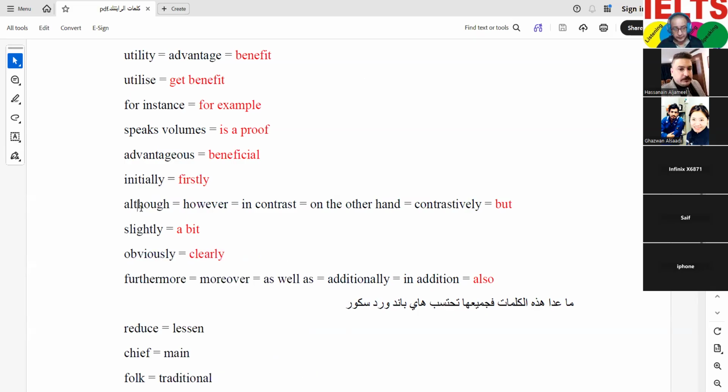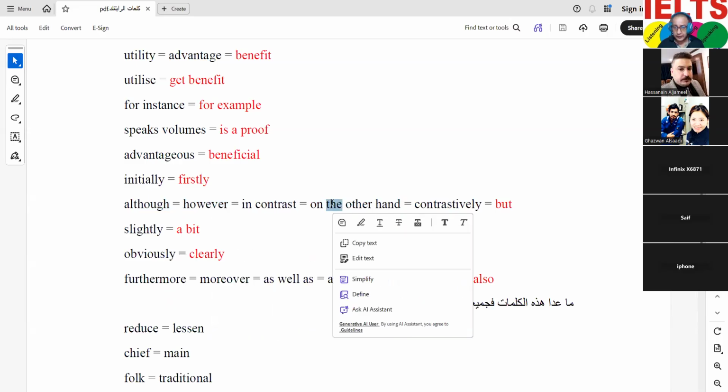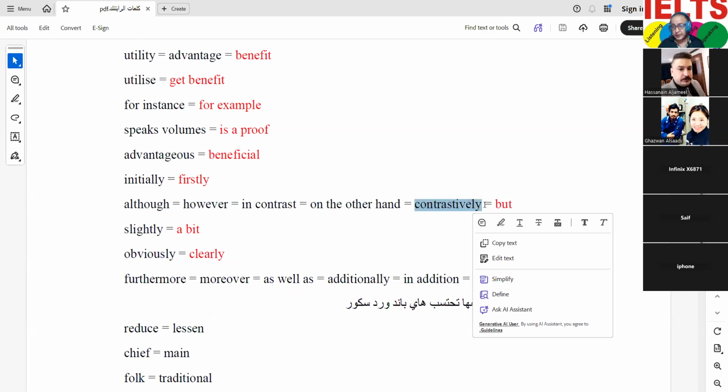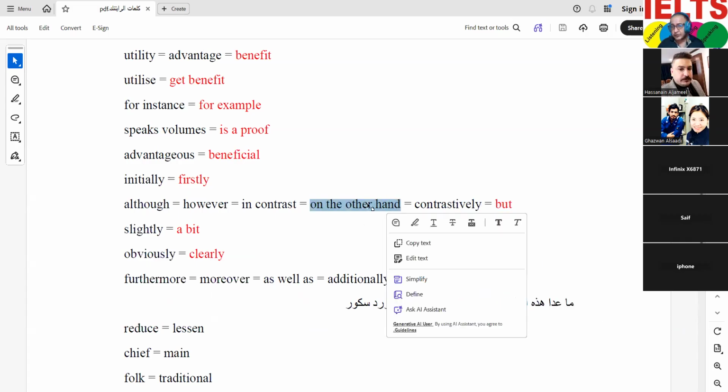To express contrast: although, however, in contrast, on the other hand, contrastively. They mean but. On the other hand has a condition to be used. If you use it in the second paragraph of the body, then in the first paragraph of the body you need to start with "in one hand," precisely those three words.